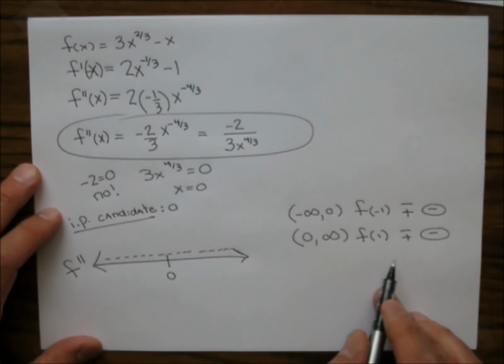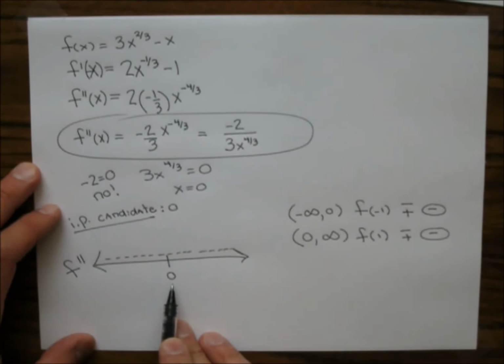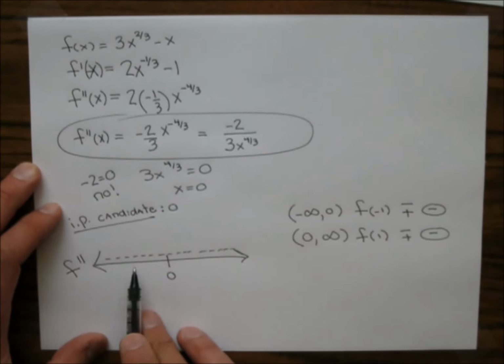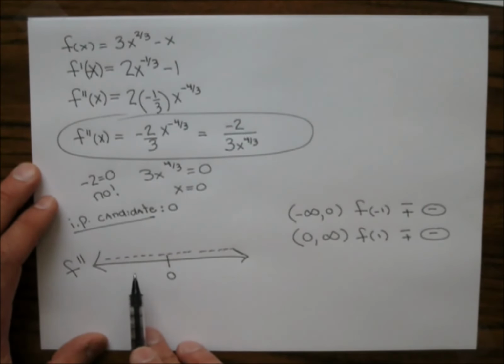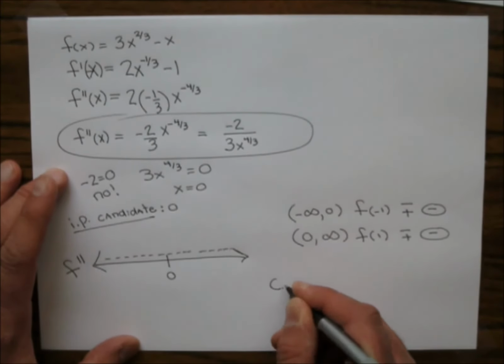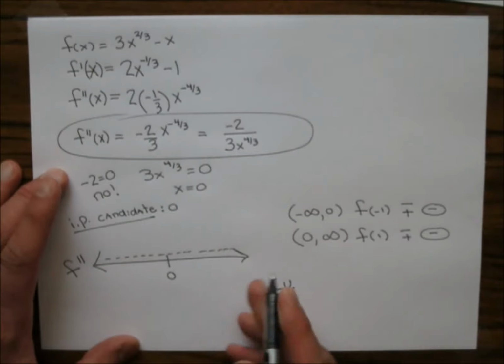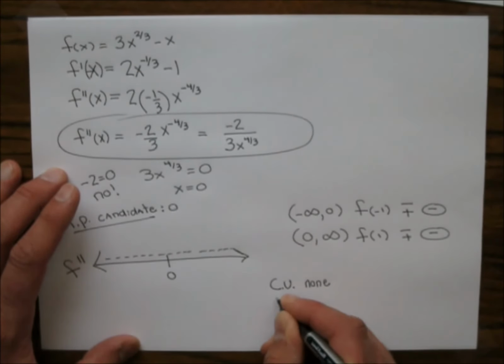So what does this tell us? Is 0 going to be an inflection point? The answer is no. The concavity does not change going from this part to this part. So we have concave up. Do we see any pluses? Well, concave up, there's none.